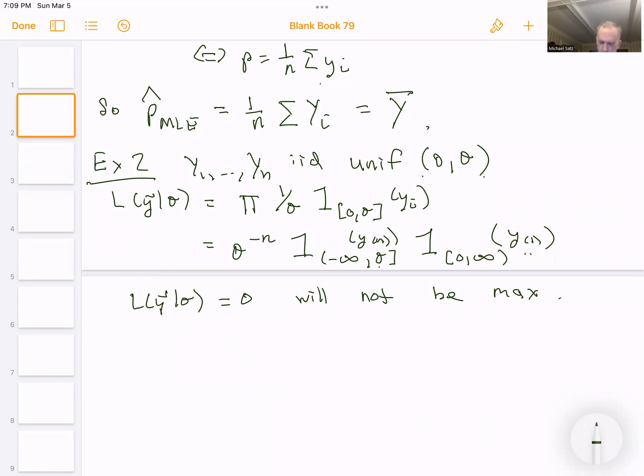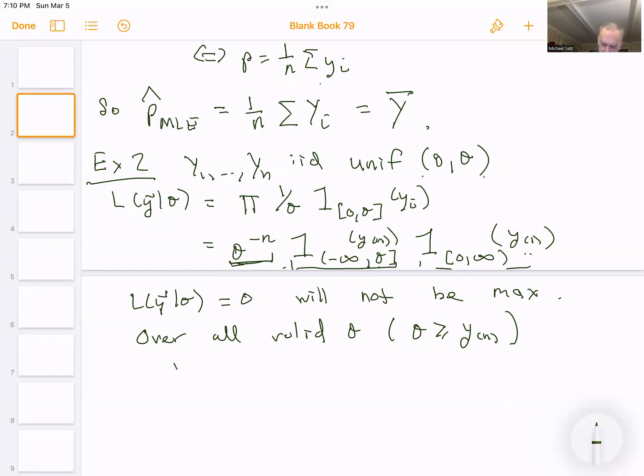These indicators are always 1 or 0, so these should both be 1. So we want the value of theta that would make this the biggest. Overall, the question is valid theta, which means theta must be bigger than or equal to y sub n, or else it's not valid. You couldn't have a theta less than yn.